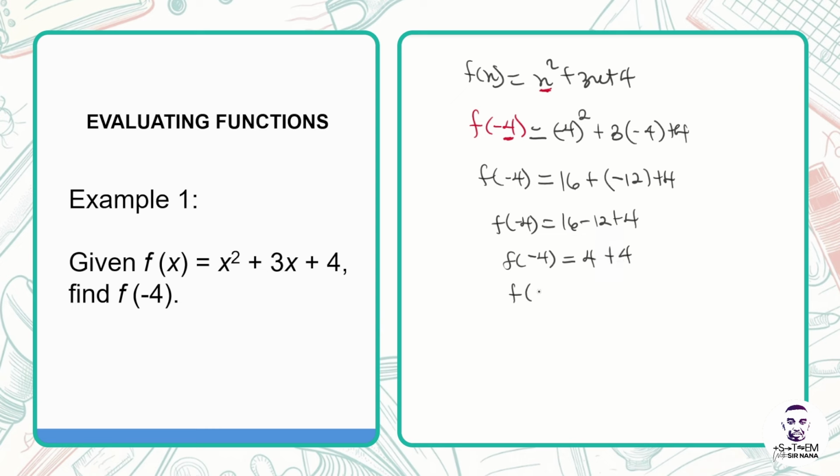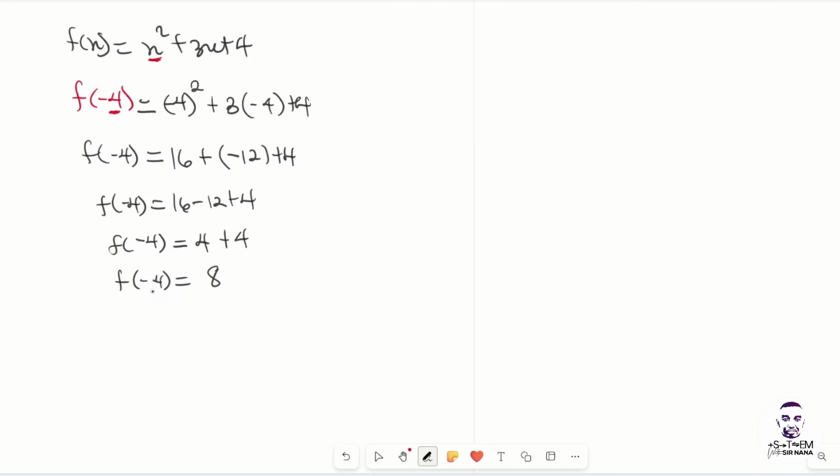So our function f of negative 4 is equal to 8. This implies that negative 4 is a member of the domain which, when evaluated in the function f of x equals x squared plus 3x plus 4, gives us our range, which is equal to 8. So in this question, we got f of negative 4 to be equal to 8.